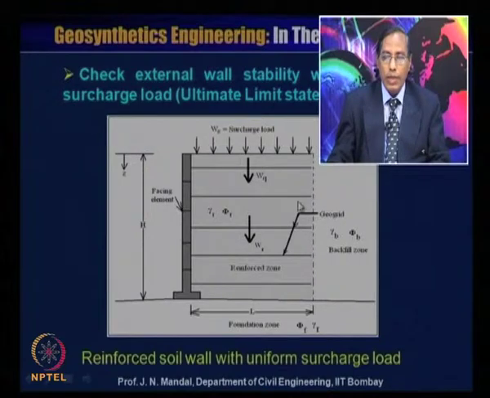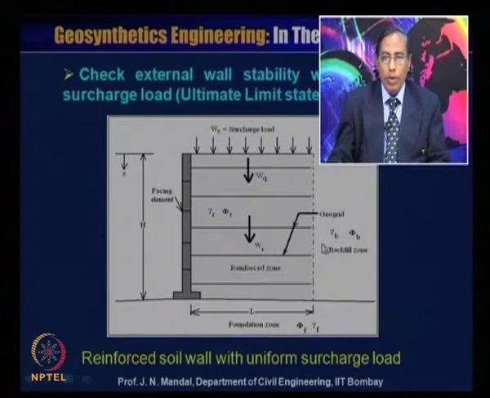I showed you what the geogrid material is. You require the properties here in the reinforced soil zone. Here gamma R is the unit weight of the reinforced soil, and phi R is the angle of friction of the reinforced soil zone. Then you require the back of the wall, which is the backfill zone.